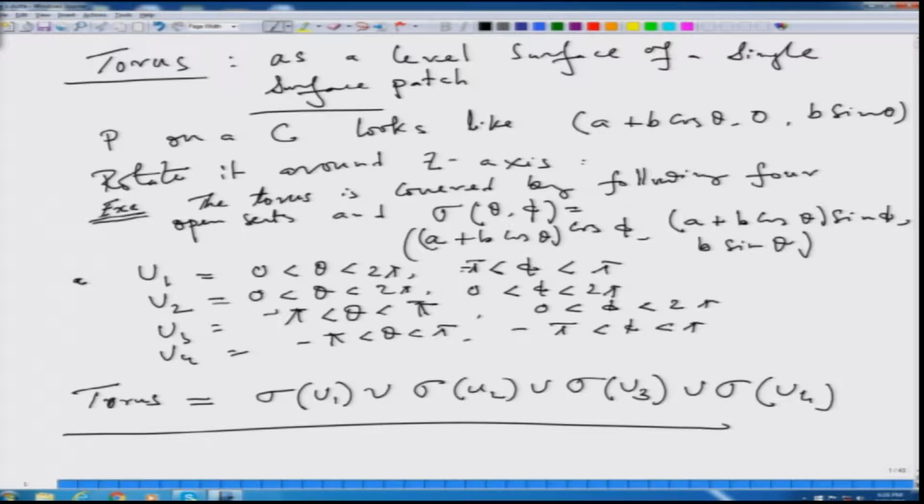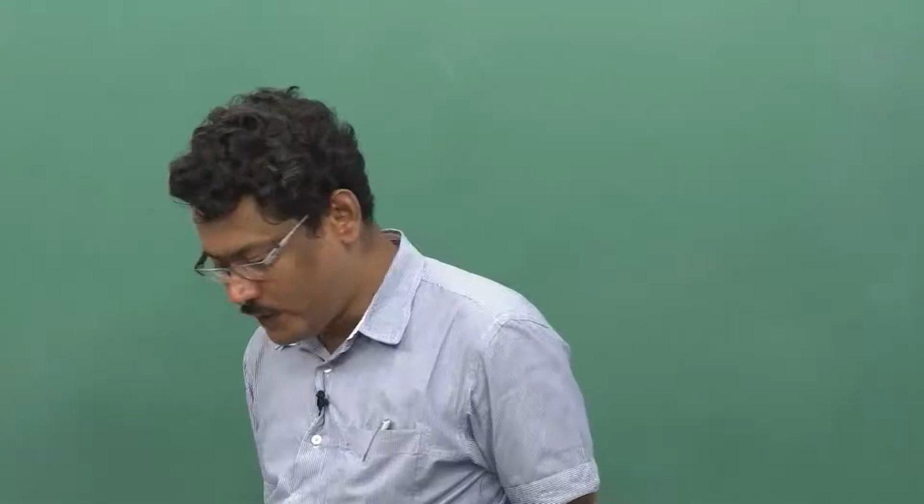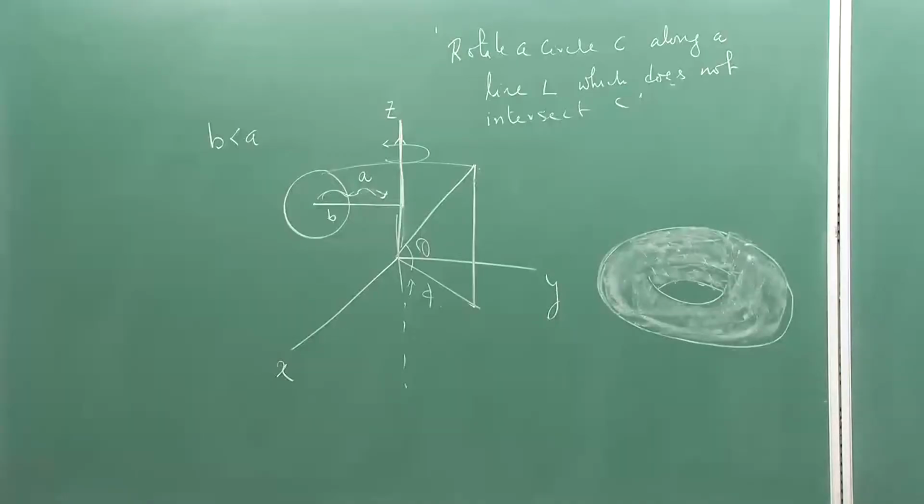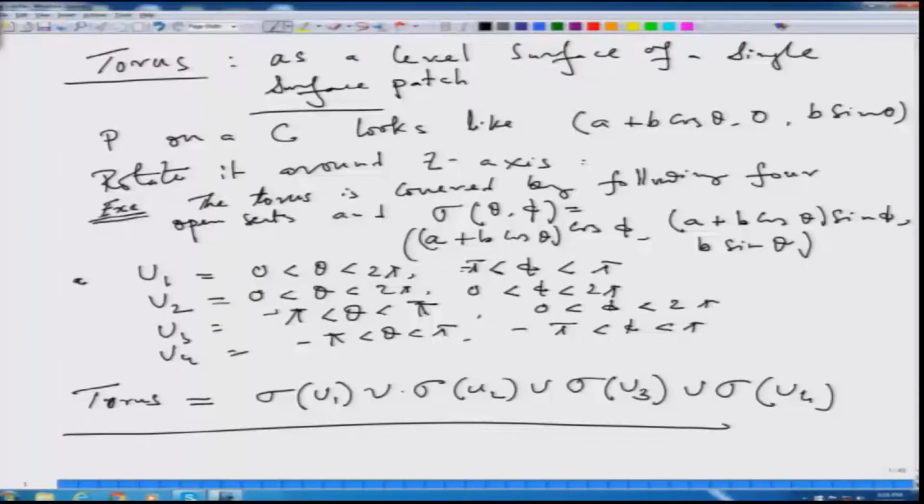Okay. This is a parameterization of the torus. There will be many points which are common. Try to identify those common points which will be common to these surface patches. Sigma 1 and sigma 2 both are covered by certain points, but these 4 patches will cover the torus.